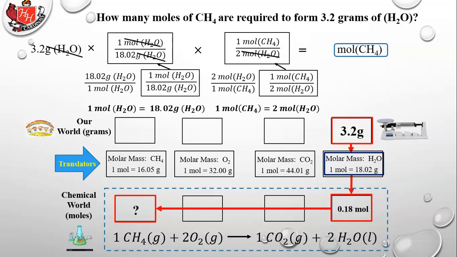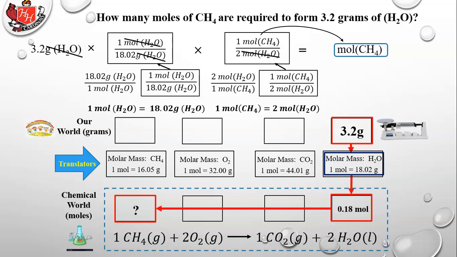The other reason is that the only unit of measure you now have left, moles of CH4, is what you want your final answer to be. I call that the last man standing. That's the only unit of measure that hasn't been canceled out, moles of CH4. So now you know that you have your equation set up properly because everything canceled out except the unit that you want in your final answer.